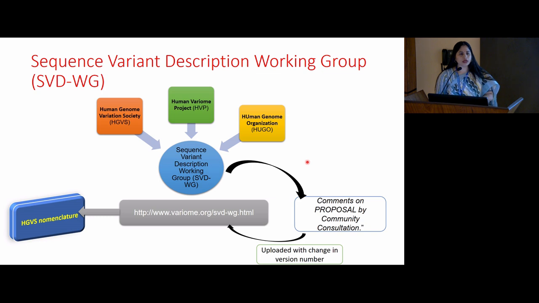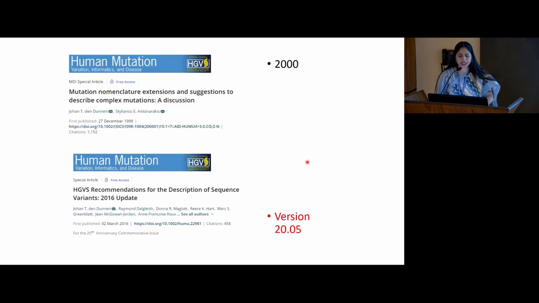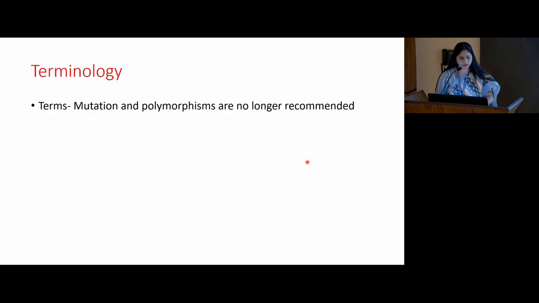They worked for uniform description of sequences, and they came up with the HGVS nomenclature guidelines. Initially this was published in 2000, and the latest guideline was published in 2016, version 20.05.